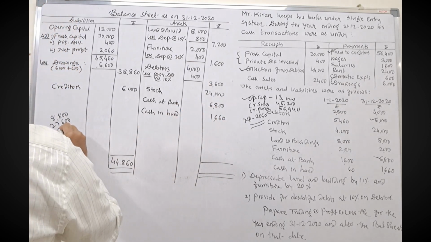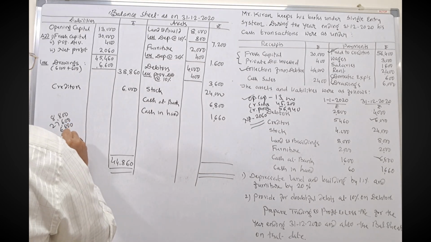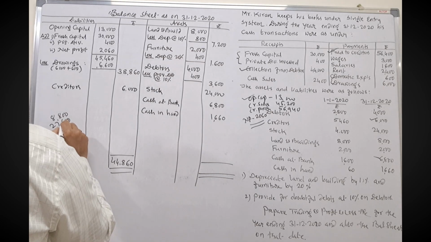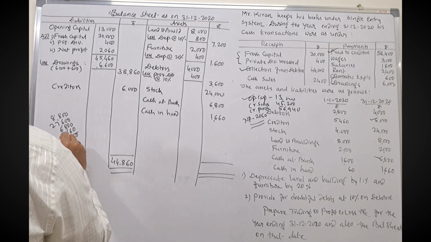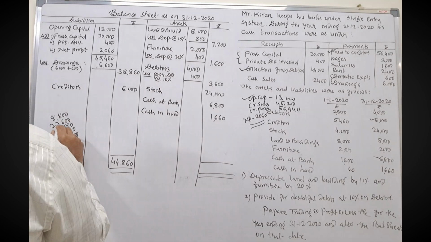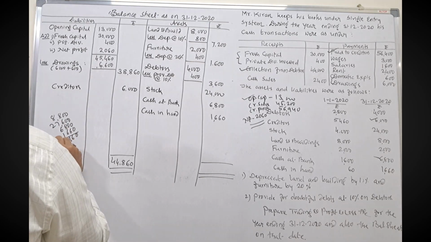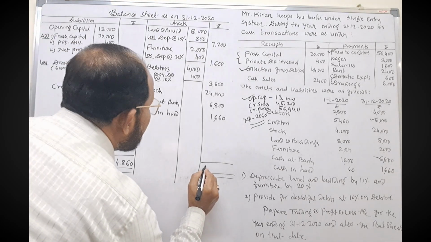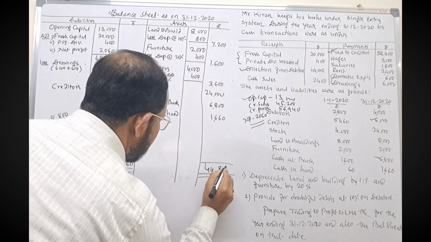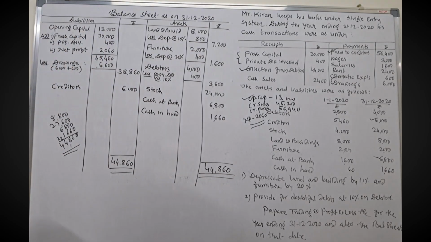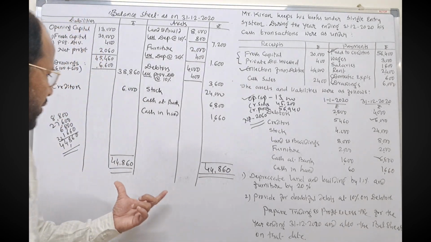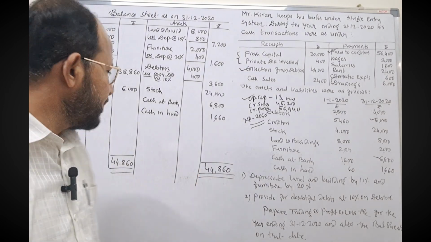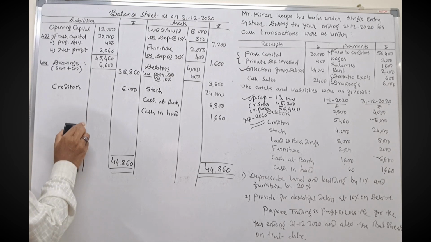Here you write 6,800 and 1,660. 0, 6, 8, 14, 20, 28, 2 remains. 8, 9, 9, 10, 16, 16, 24, 2. Okay, fine. 44,860 we are going to put here also. Now you see, balance sheet is tallied, 44,860 and 44,860. I hope you understood the concept.